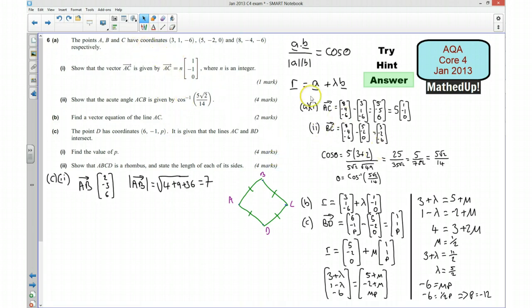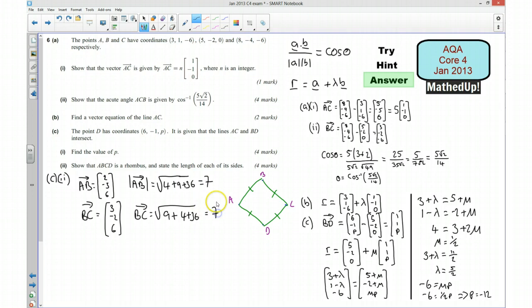We worked out BC earlier, so that's the vector BC, which is 3, negative 2, 6. The magnitude of BC is going to be the square root of 9 plus 4 plus 36, and you might notice that's also going to be 7.